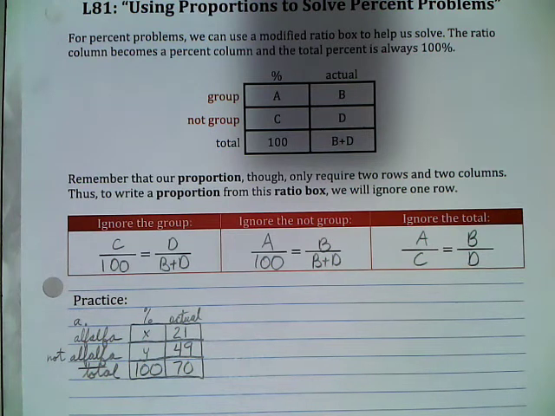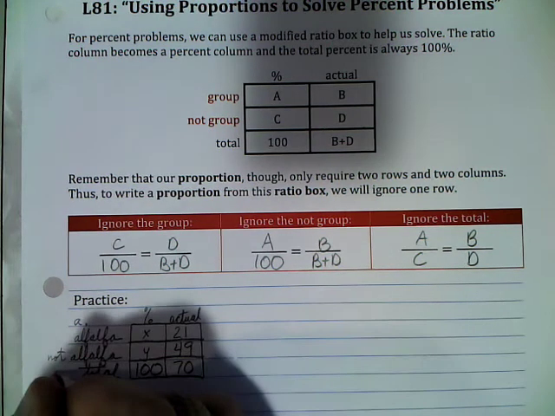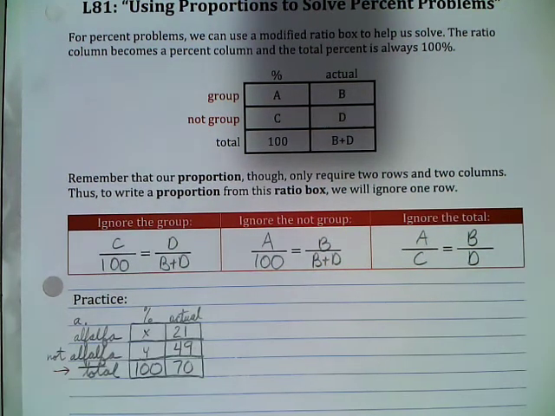Now we want to solve this. So remember, to make our proportion, we need 2 rows. We are always going to choose the row where we know everything. So I know everything in my total row. I know that's 100%, and I know there are 70 actual acres. The second row that I'm going to choose is whatever will answer the question. So the question's asking what percent were not alfalfa.